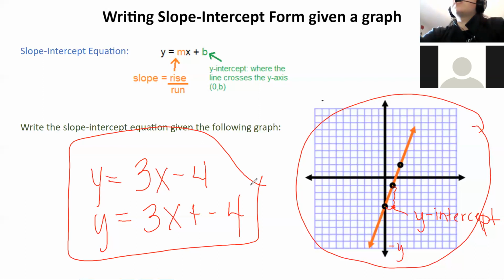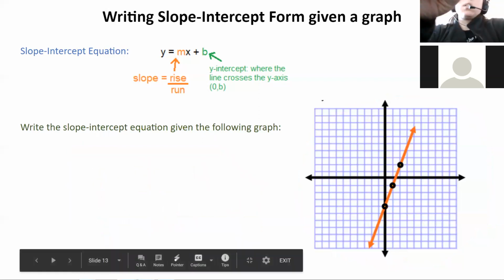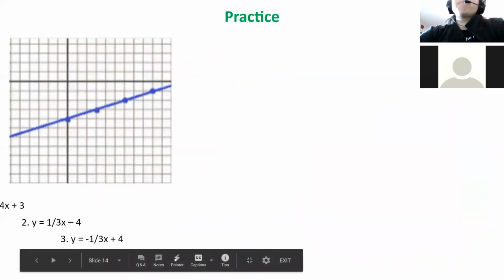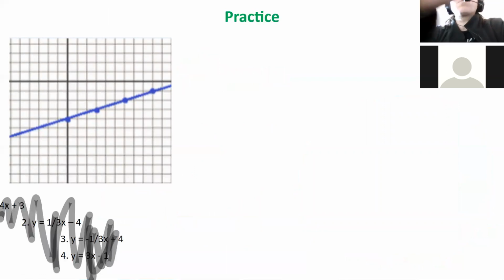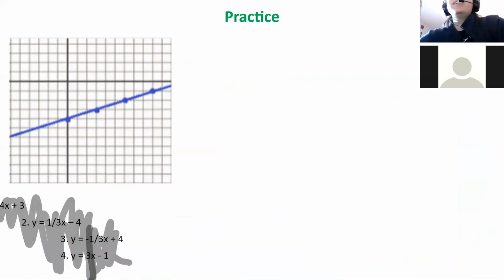Okay, good stuff, you guys. Okay, so now, I have some choices on there. They look a little weird, but which one of those do you think? I don't like that. I'm just going to have you do it if that's cool. You can see through it. Look at that.